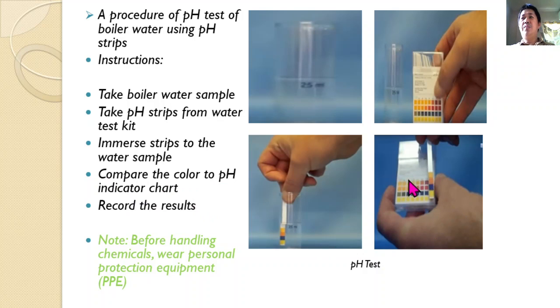So this is a pH indicator chart. You compare and you read the value in here. You cannot read it in this picture because you compare the value. So record the results. Note: before handling chemicals, wear personal protective equipment, PPE. So that is normal.